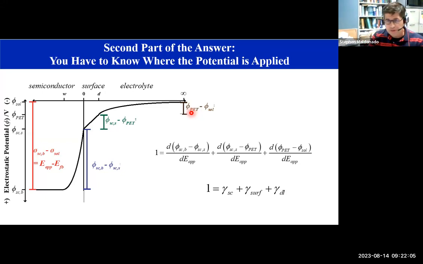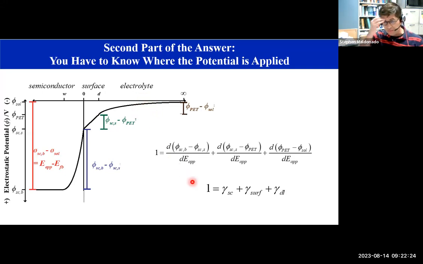Effectively, for the moment, we can think of these blue, green, and brown bars as fractional values. Each one of these describes a fraction of the total potential that I'm applying. And some fraction of that is dropping in the semiconductor, some fraction is dropping in the surface, and some fraction is dropping in the electrolyte.